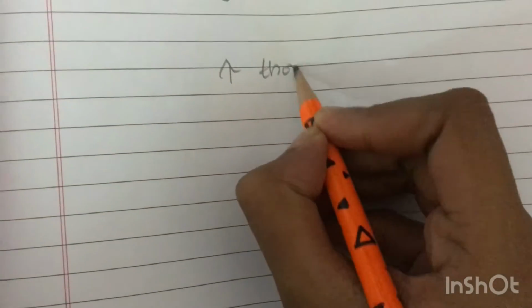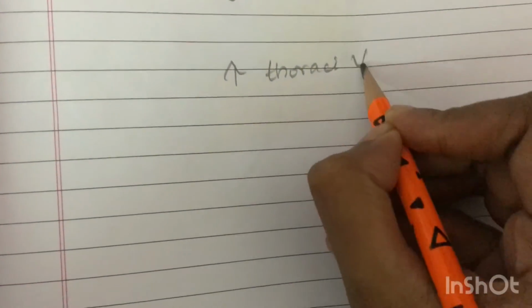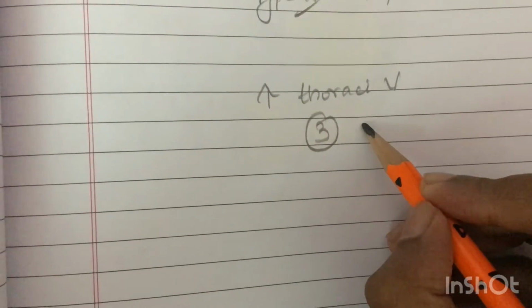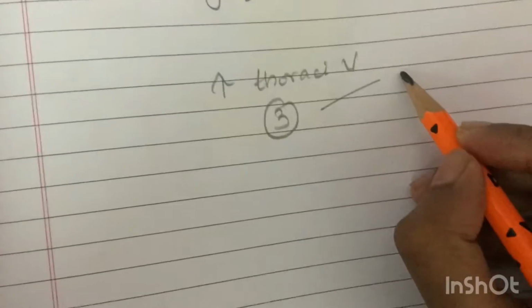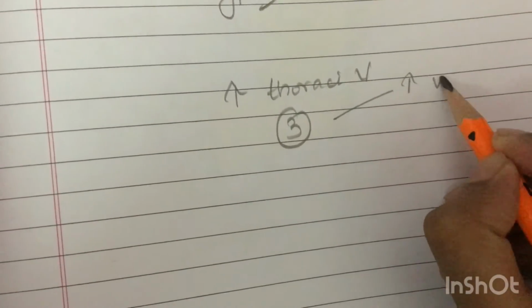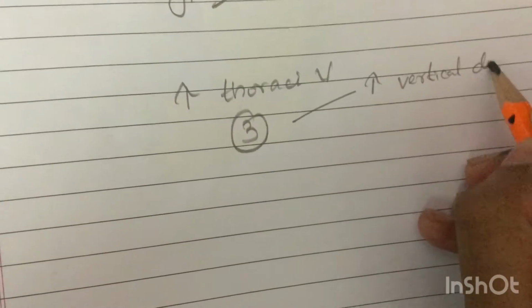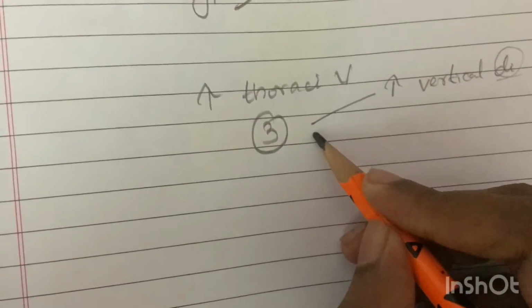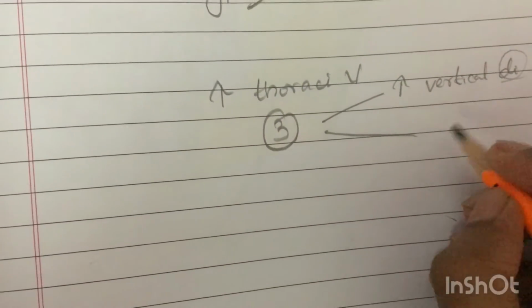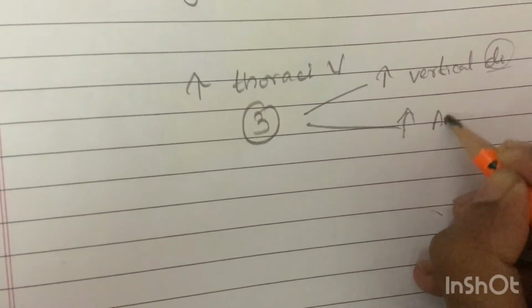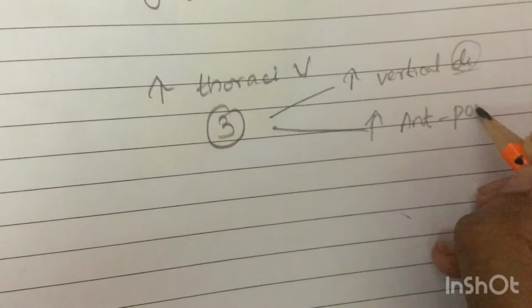So for increasing thoracic volume, there are three ways. The first one is we can increase the vertical diameter. The second way is to increase the anterior posterior diameter.